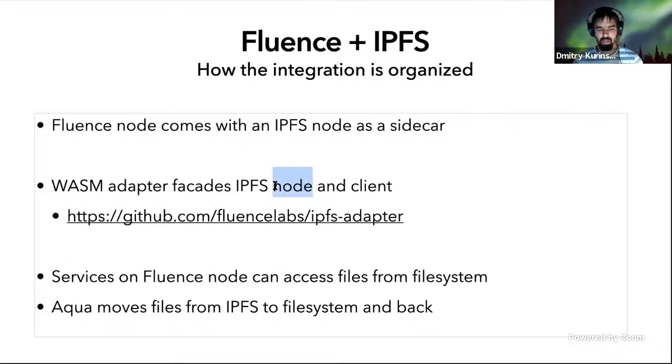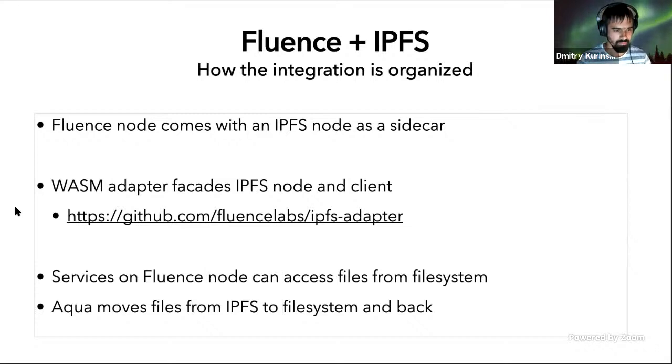So all the IPFS related code resides here, and you can take a look at it, audit it, and then reuse it. And then all the services on the Fluence node can access files from the file system. You can fetch the file from IPFS, it is on the file system then. And after that, you can use an Aqua script to move the file from IPFS to the file system of the service, to the sandbox and back.